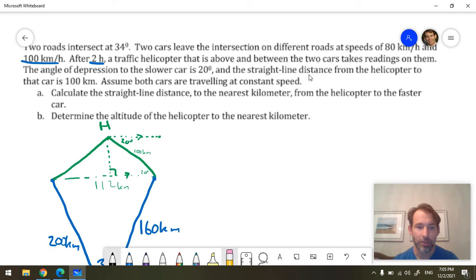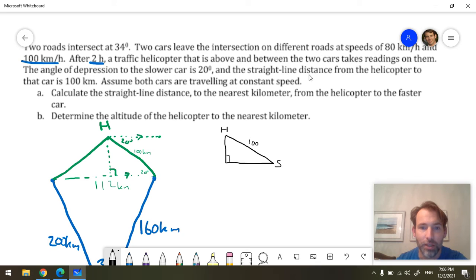All right, so this is a SOHCAHTOA problem. Once I have my diagram, this is just SOHCAHTOA to find this height here. So what I will do is draw that triangle separately. The helicopter is at the top of the triangle, let's call this H for helicopter, and the slow car, we'll call it S. This is a right angle.